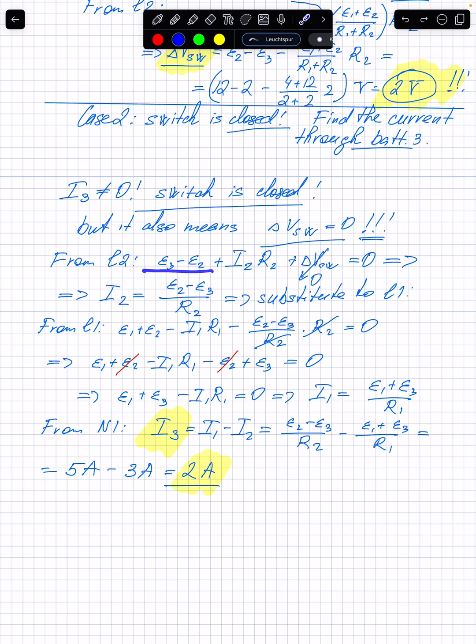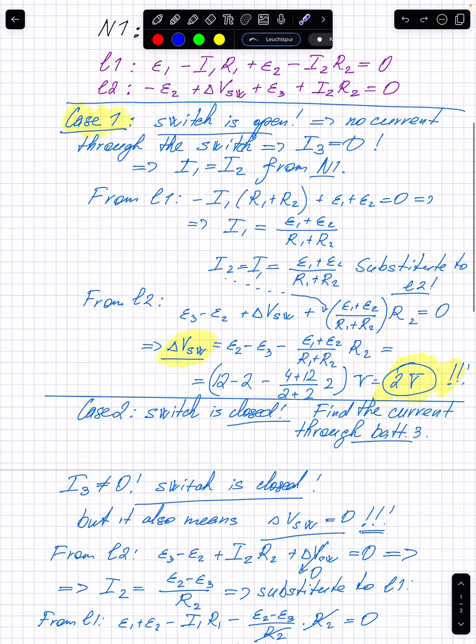I get these differences of the EMFs, plus I2 times R2, and there was this unknown delta V switch, but as we established, this is 0, and therefore from this equation we can immediately solve for the unknown current I2. Now let's use this result and substitute it into L1.